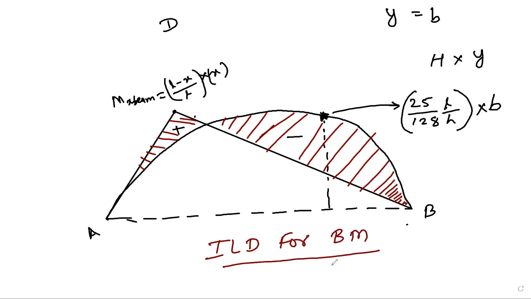सिंपल आहे. मोमेंट ॲट एनी सेक्शन घेतलात तर आर एमुळे एक मोमेंट येतं आणि एच मुळे एक मोमेंट येतं. आर एमुळे पॉझिटिव्ह आहे आणि एच मुळे निगेटिव्ह आहे. दोघांच्या व्हॅल्यू काढल्या आणि ILD ड्रॉ केली, झालं. That is ILD for bending moment. Is it okay? Yes, sir.